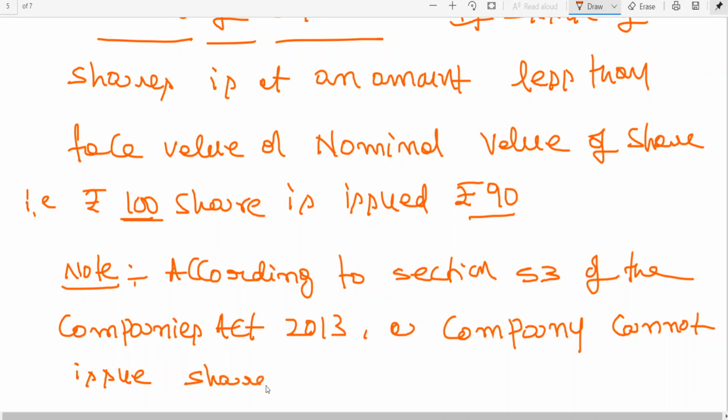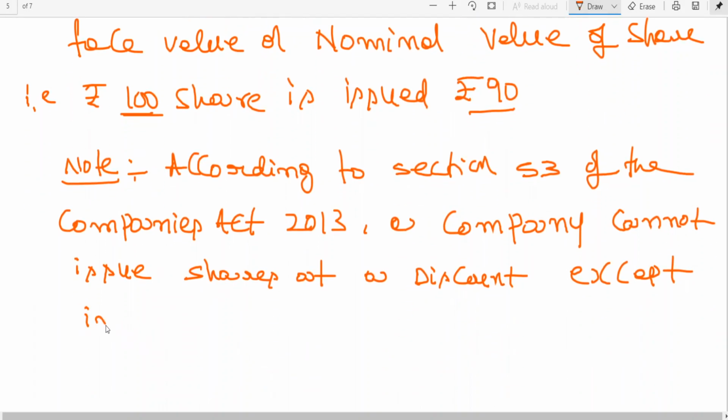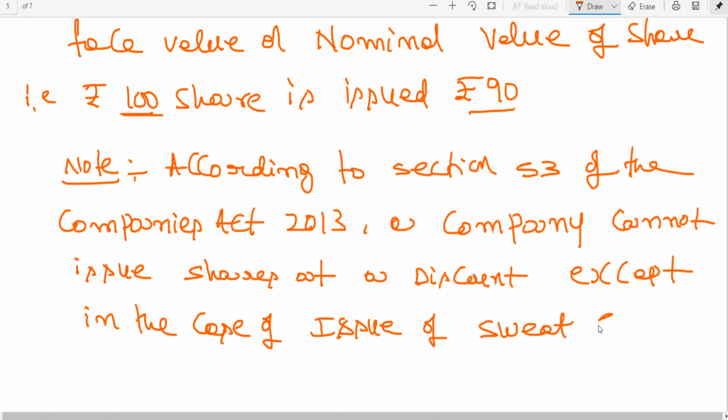According to section 53 of the Companies Act 2013, a company cannot issue shares at a discount except in the case of issue of sweat equity shares.